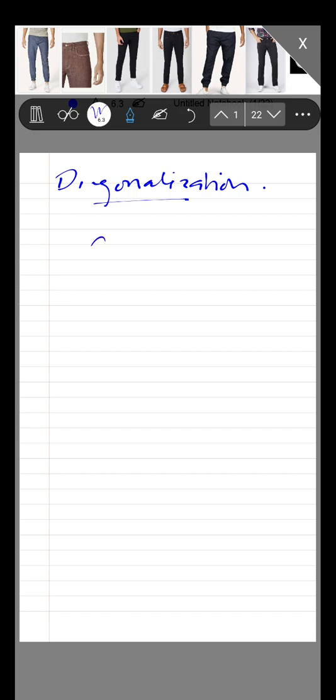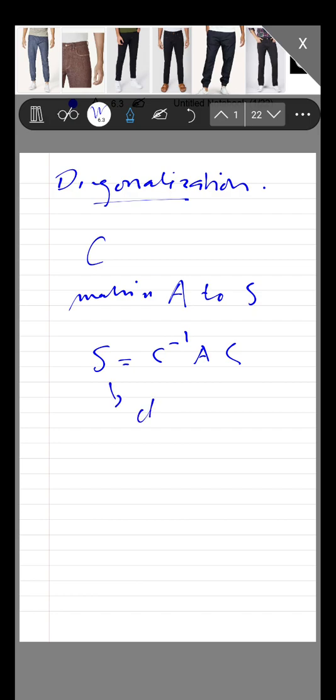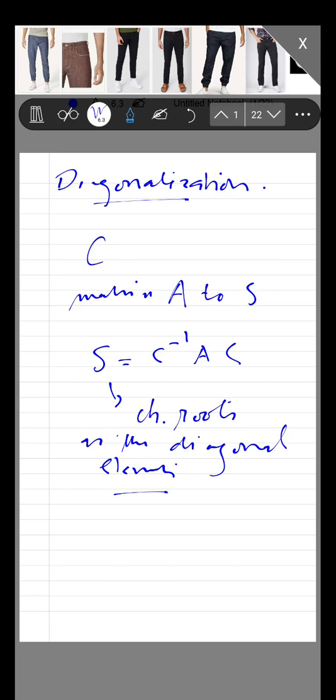So if there is a matrix C, and this matrix C is found such that the matrix A is diagonalized to S, that means S is formed by C inverse A into C, then S will have the characteristic roots as the diagonal elements. This is what is known as the diagonalization of the matrix.